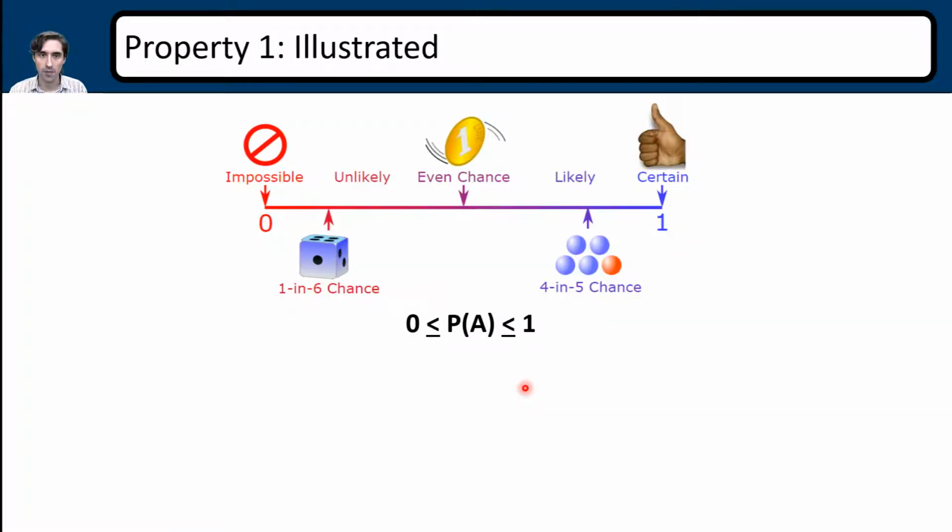So here are some examples of the first property. The probability has to be between or equal to 0 and 1. So if you end up having a probability of 0.0, it's basically completely impossible.